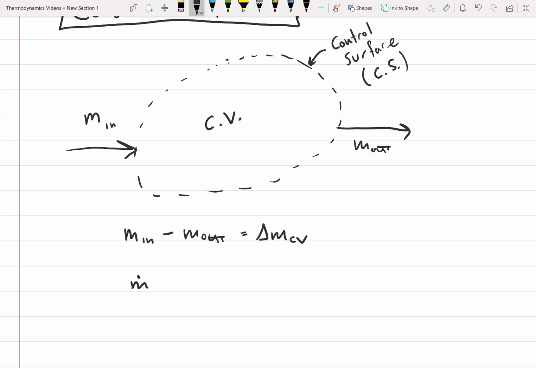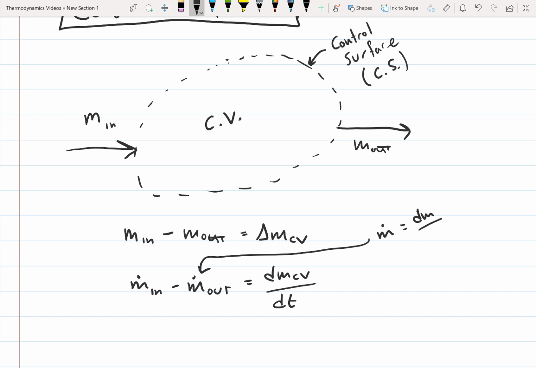So the mass flow rate in minus the rate out is equal to dm_cv/dt. And this dot just means that this is a rate, so m dot is equal to dm/dt.